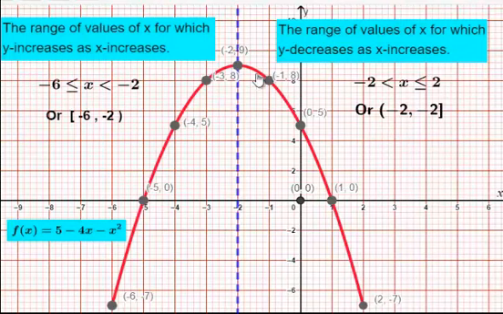Let's look at the y values. So you can see that the x values are increasing. The y values start from 9, it drops to 8, it drops to 5, 0, it drops to -7, meaning that the y values are decreasing in value. So at the right hand side, whilst the x values increase in values, that of the y values decreases in values.